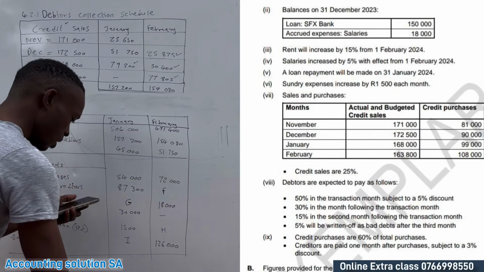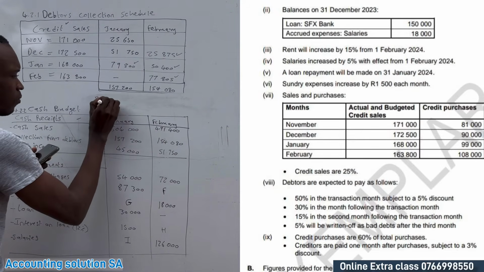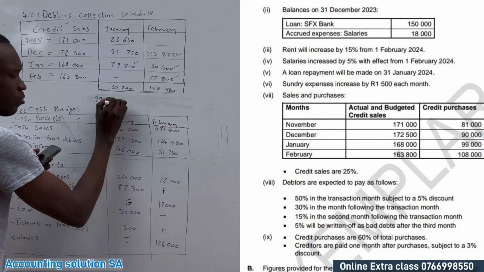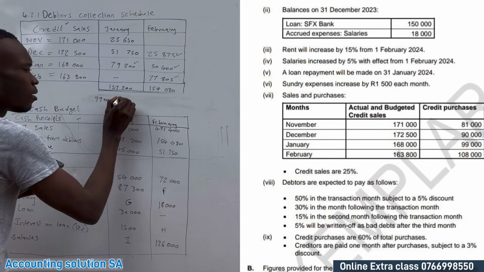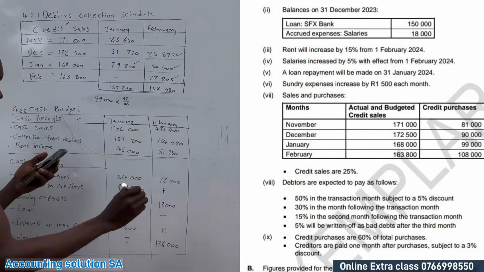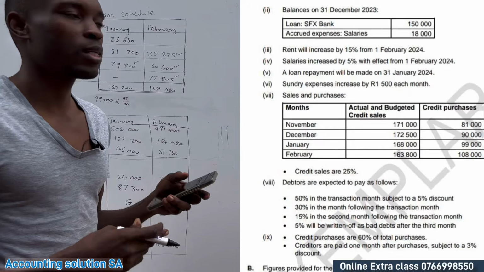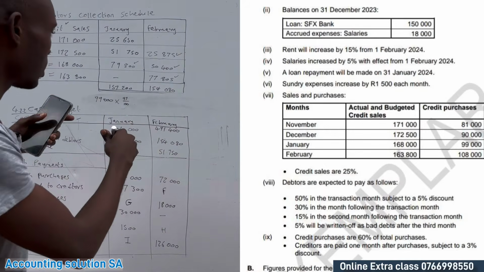Okay, which means that we're gonna take that amount of 99,000 of January, because January we pay it on February. Multiply by, we're gonna say 97 over 100. Why 97? Because there's a 3% discount that we are given, which means that it's 100 minus 3 gives us 97.